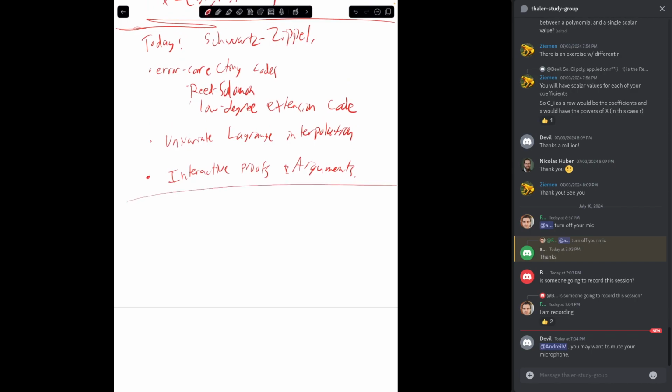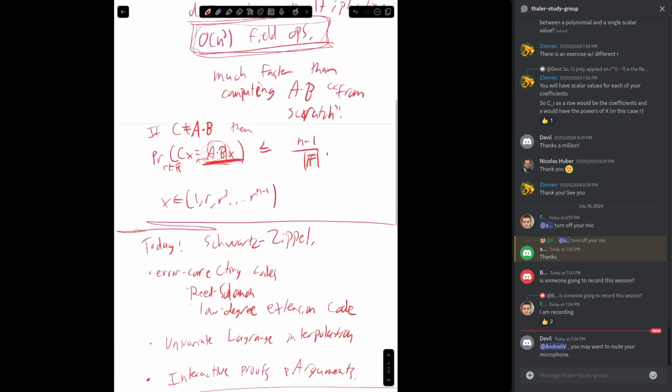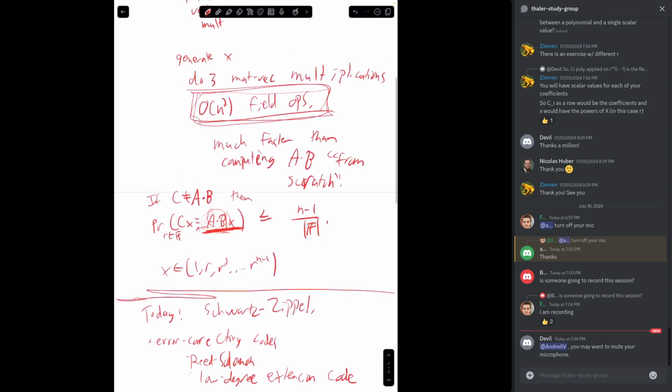Okay, so let's talk about... I have a question. Go ahead, please. I have a question about the equality C equal A times B. I want to check why we have the n-1. It seems that we are checking the equality of two matrices, which is a linear application.